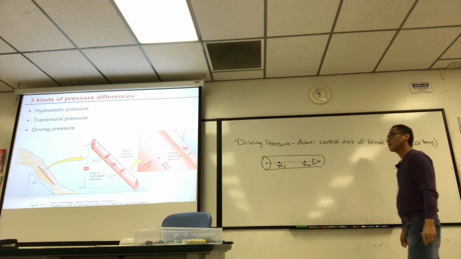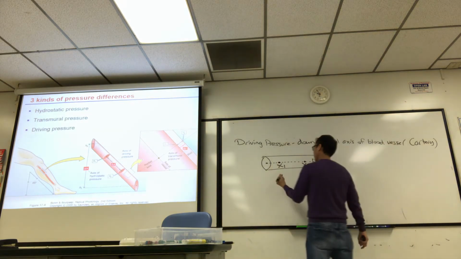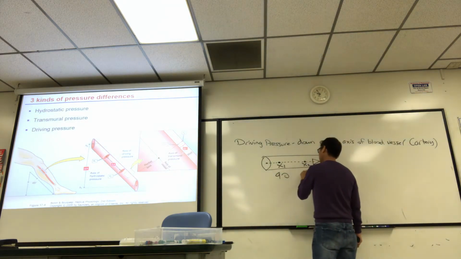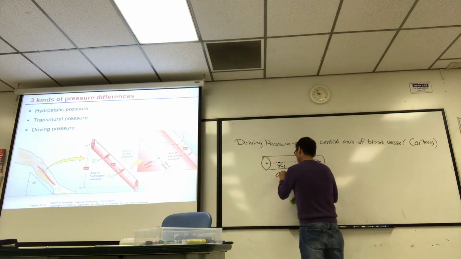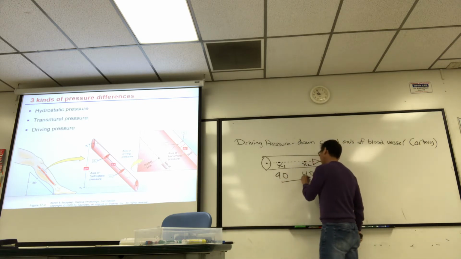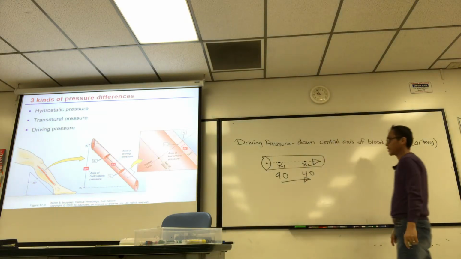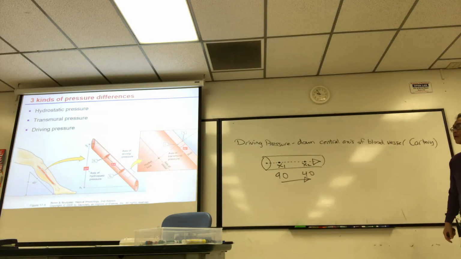So maybe it's 90, maybe it's 40 here. And if that's the case, blood flows from an area of higher pressure to lower pressure, just like I've been saying all along. But this driving pressure is the pressure that will keep you alive.